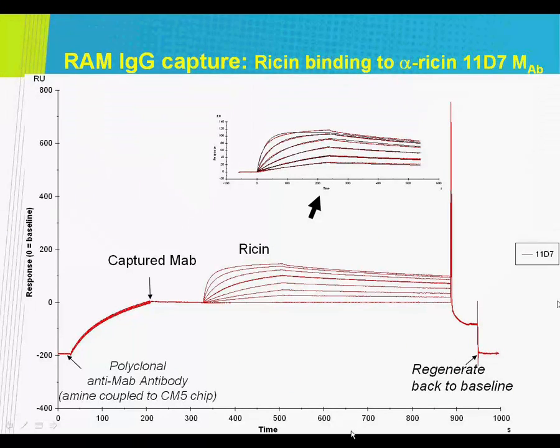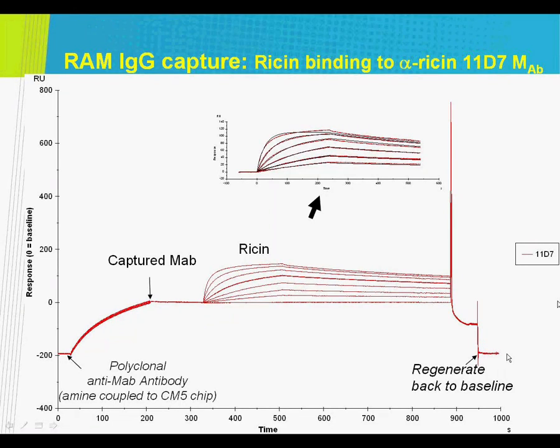I've done the same thing in ProteOn. Here I'm just showing the final data. It doesn't show the capture, but you can capture up to 6 different monoclonals. In this case, I had a protein G surface, captured them, and then following the rotation of fluidics, I added the antigen.